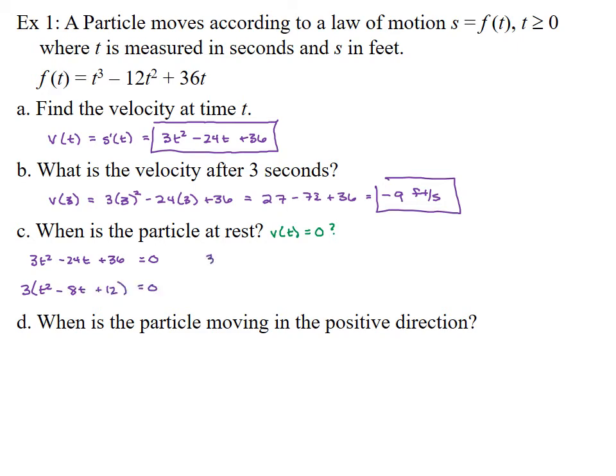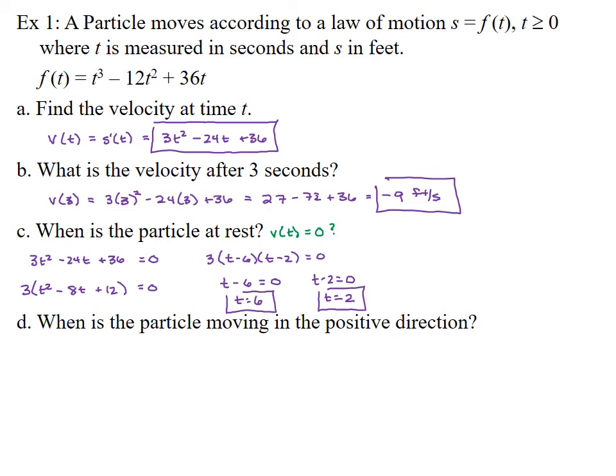The inside of those parentheses do factor. I believe it factors into t minus 6 and t minus 2. Setting what you can equal to 0, remember the 3 doesn't really matter here, so t minus 6 is 0 and t minus 2 is 0. So we get t equals 6 and t equals 2. At 2 seconds and 6 seconds, the particle comes to rest, at least at that instantaneous moment.